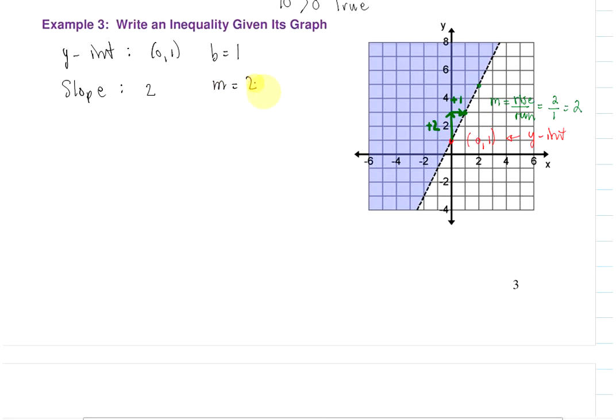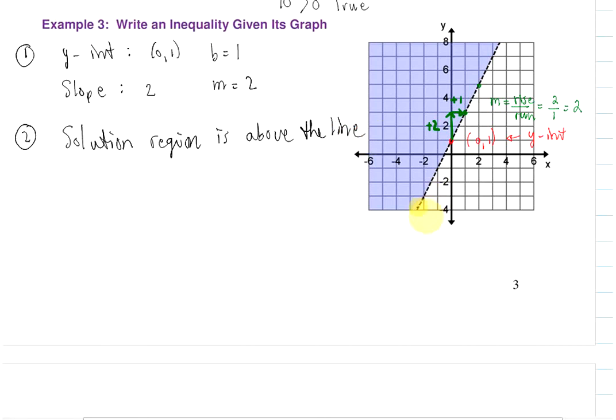Okay. Now, the other thing that I want to take into consideration, so I'll just call this part 1 and this part 2, is my inequality. Now, I notice that my shading is above my line. So the shading, the solution region, is above the line.